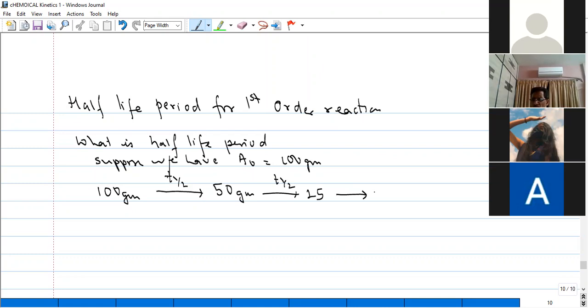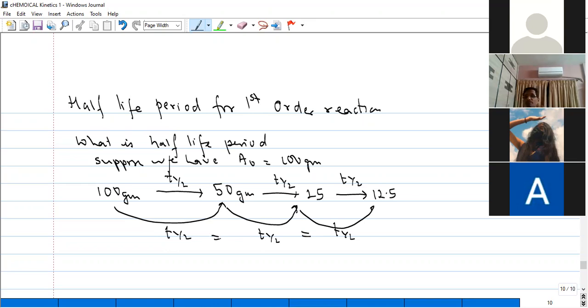The time taken for 25 to become half is also a half-life period. Time required to convert 100 to 50 is T half, and that is also equal to the time required to convert 50 to 25, which is also T half. These three times will be equal for any particular reaction.